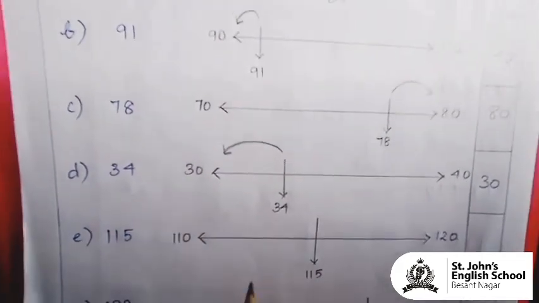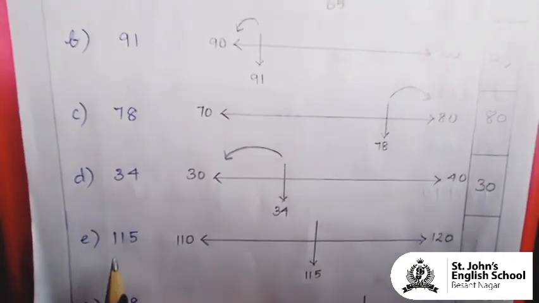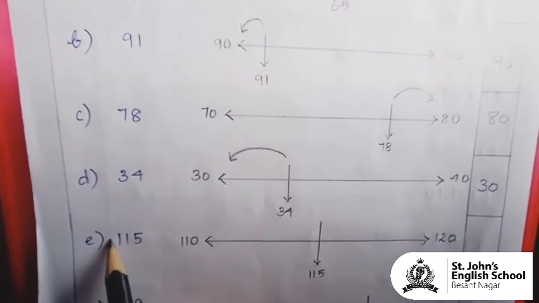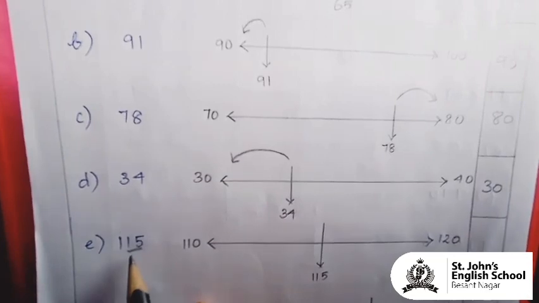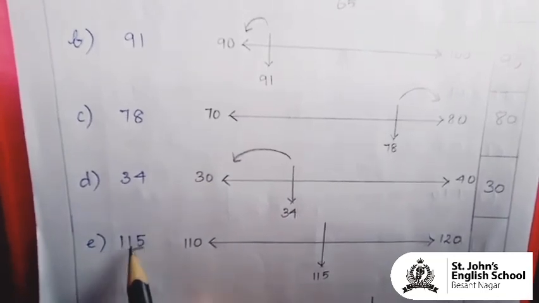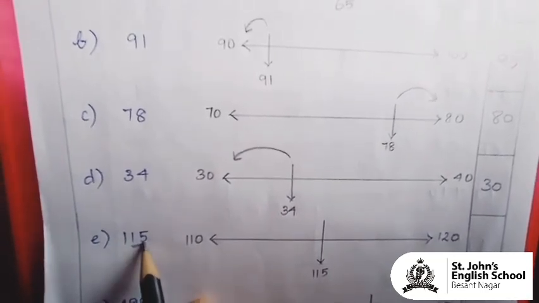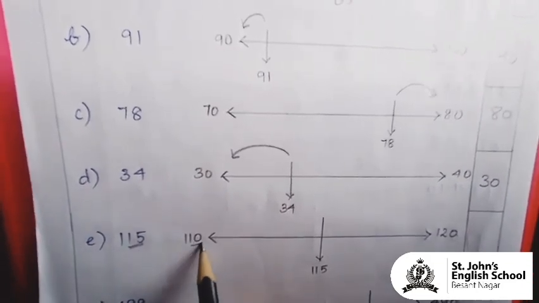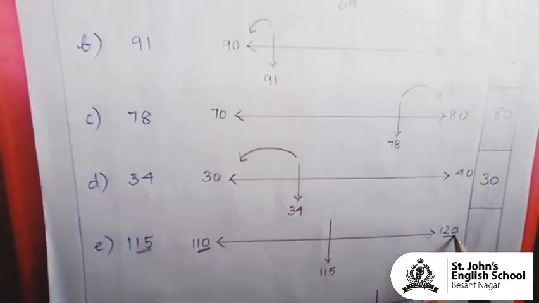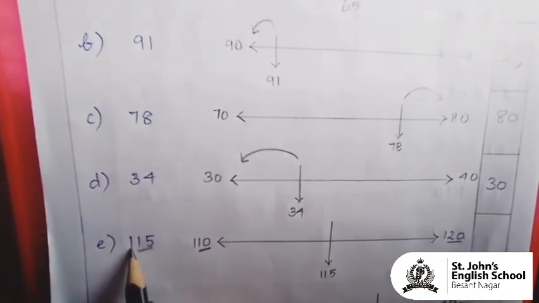The next number is 115. We are talking about tens. So if it is 115, this 1 is there in the hundreds place. Only 15 is there in the tens place. Where is 15 actually? 15 is between 10 and 20. So this hundreds place will not change.